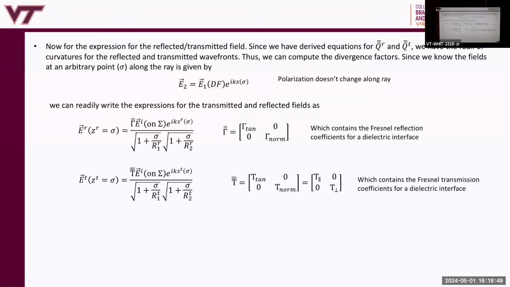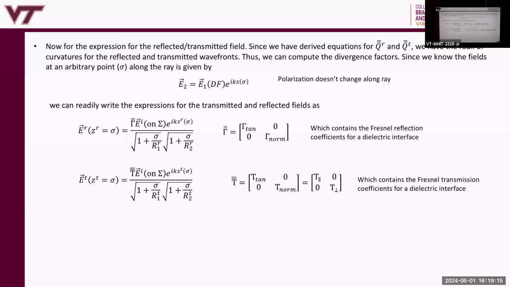We can readily write the expressions for the transmitted and reflected fields in the following way. E reflected at z reflected equal to sigma is equal to gamma times E incident evaluated on sigma, multiplied by e to the ik s reflected evaluated at sigma, multiplied by the divergence factor for the reflected pencil, right?